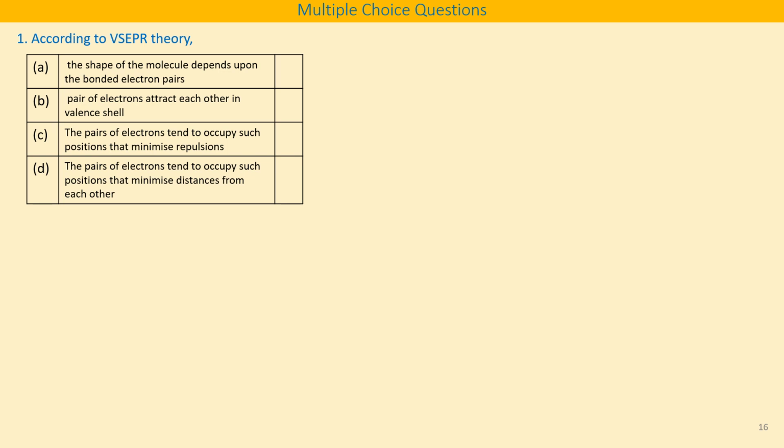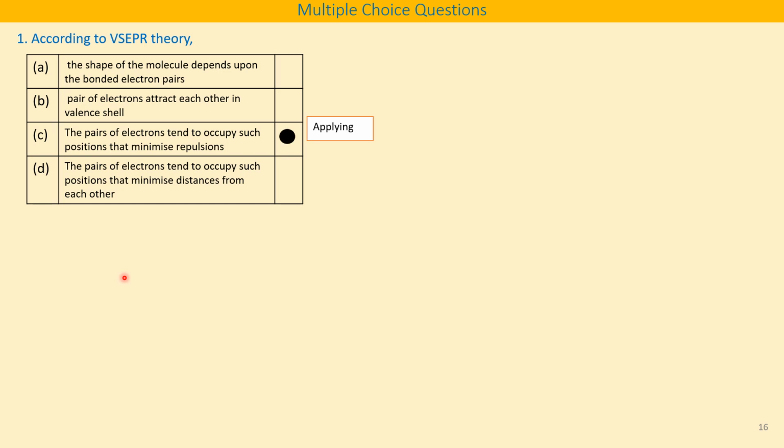Option C, the pairs of electrons tend to occupy such positions that minimize the repulsions. And option D, the pairs of electrons tend to occupy such positions that minimize distances from each other. You have to examine, pause the video and mark your answer. I will give the explanation.